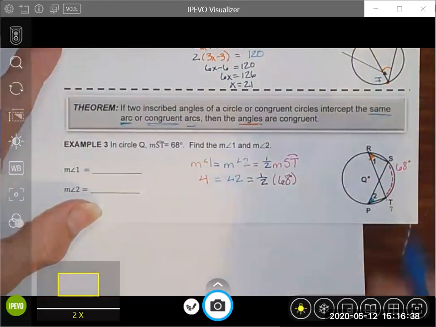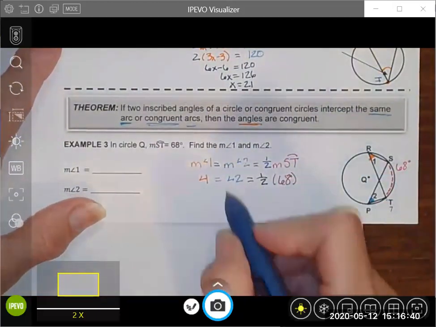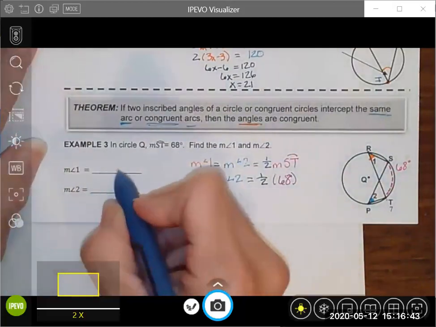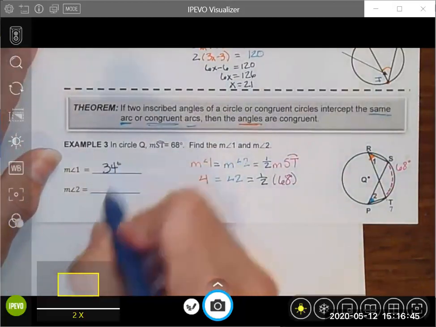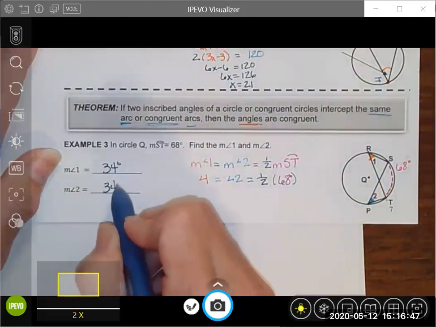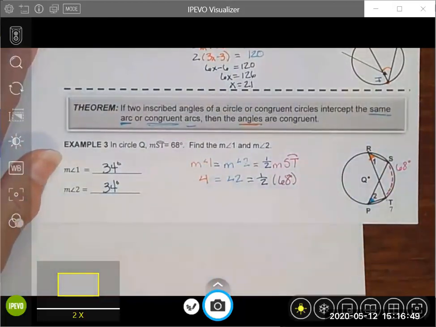So I can divide 68 by 2, and I end up with angle 1 equals 34 degrees, and angle 2 is 34 degrees. So there's a little trickery going on there, but it's still that 2-to-1 relationship.